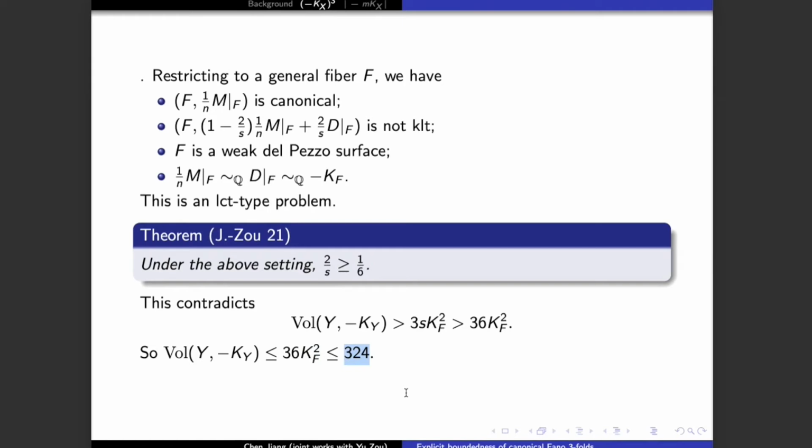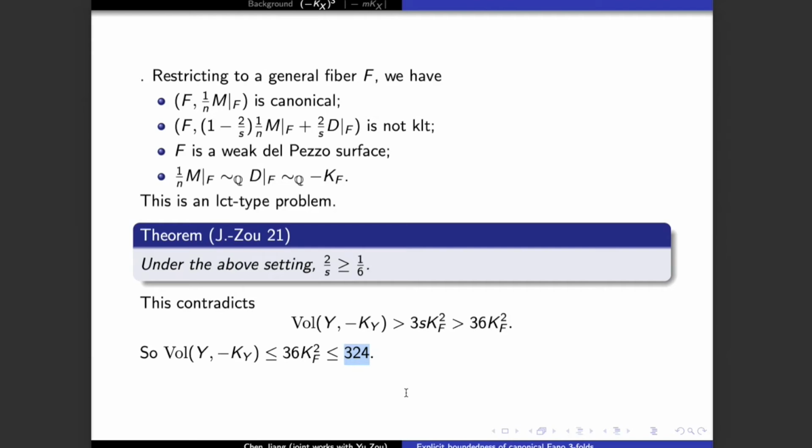Of course, this is not optimal because as I said, we expect the optimal upper bound is 72. But I think this number is the limit we can get. I mean, it reaches the limit of our method. But if someone can give new ideas or new methods, then it might be possible to improve the bound.